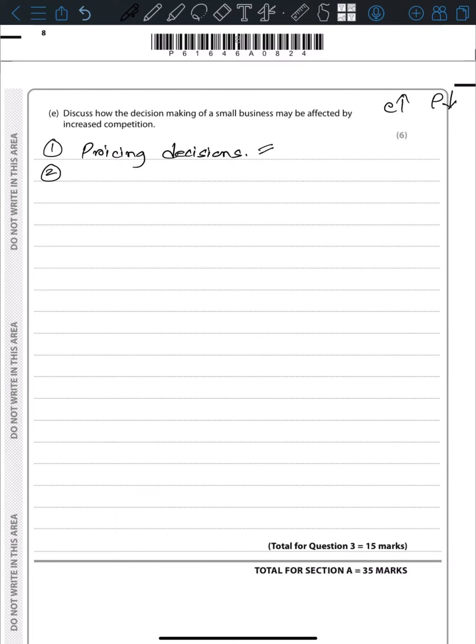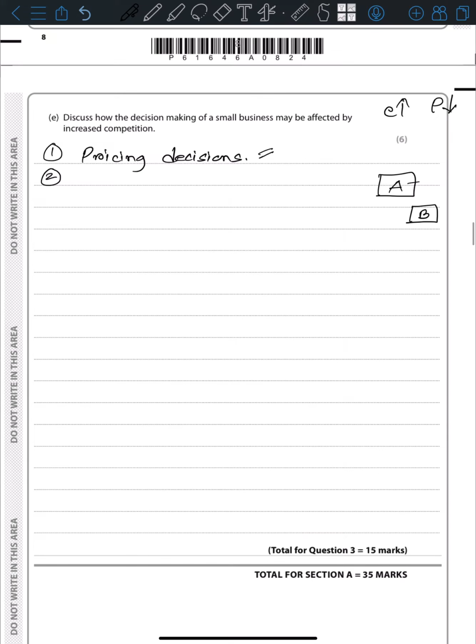For example, if area A has a lot of similar firms, then if I start my business in area A, I will be faced with more competition, and therefore I will have to charge a lower price. In contrast, if area B does not have a lot of similar firms like me, I would do better if I settle down in area B, because there I will not face that much competition.